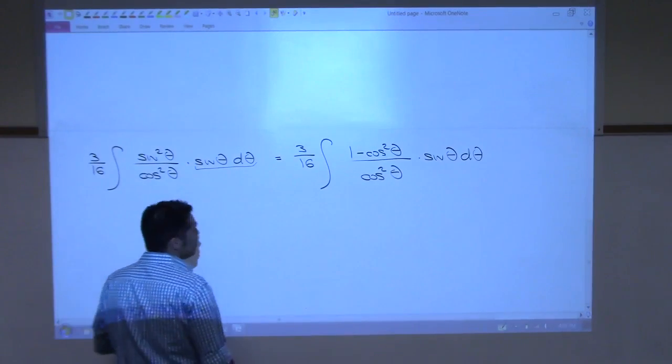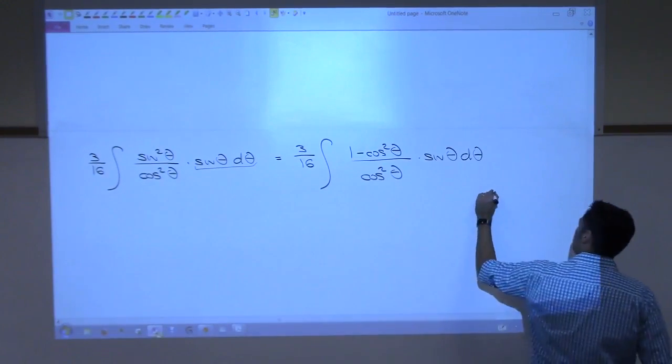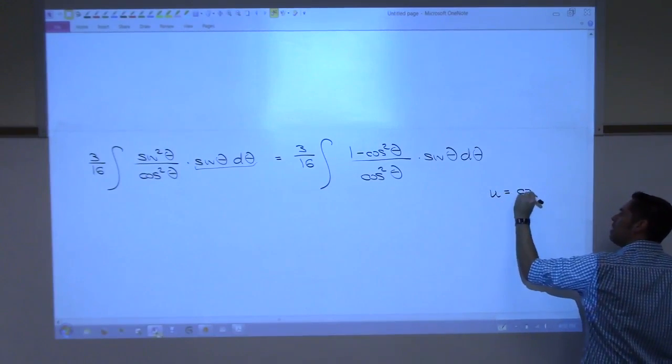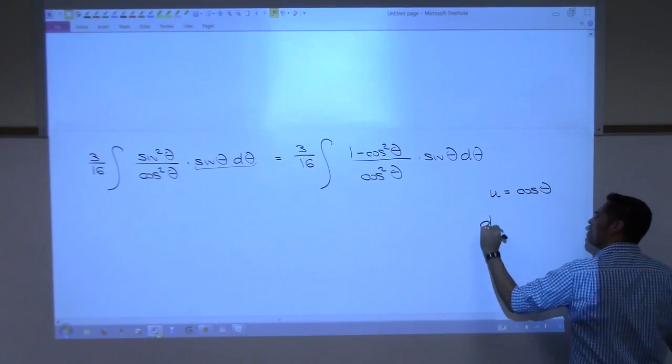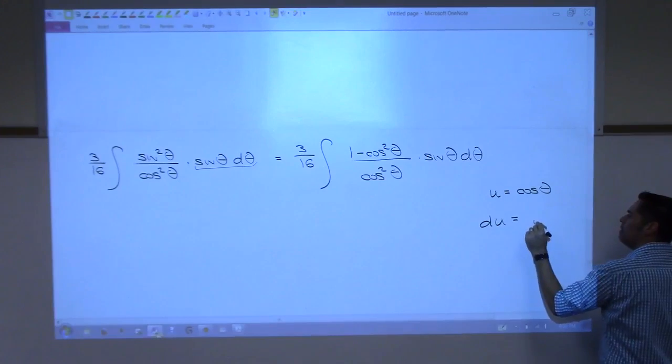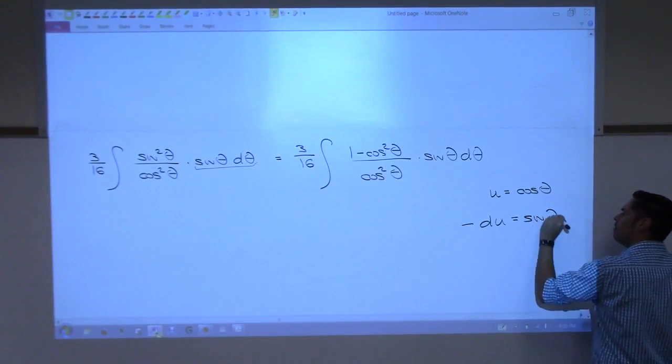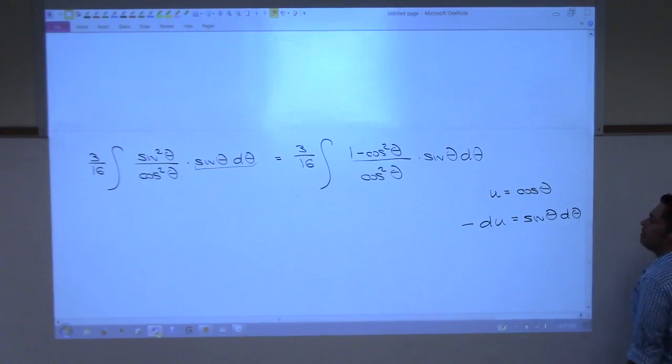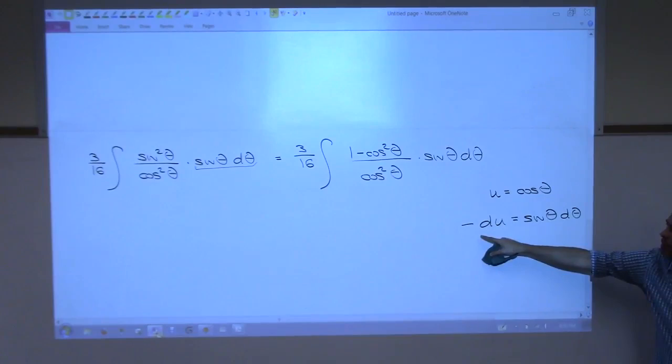Okay. u is cosine theta. du is negative sine theta d theta, right? So I'll go ahead and take care of that negative now. Everyone see what I'm doing here? The negative I already counted for over here.